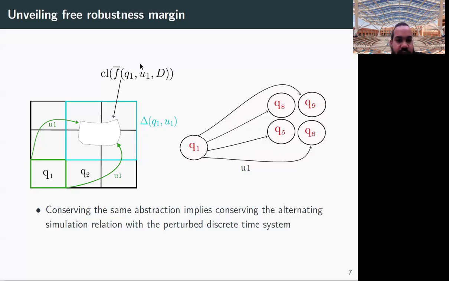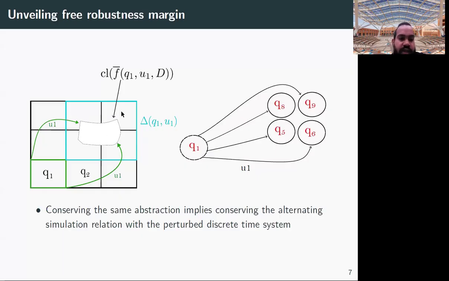So this is the reachable set of Q1, U1 with disturbance D. And this blue region is the union of the discrete successors of Q1, because as we can see, this discretization intersects with the reachable set, this one as well, this one, and this one.